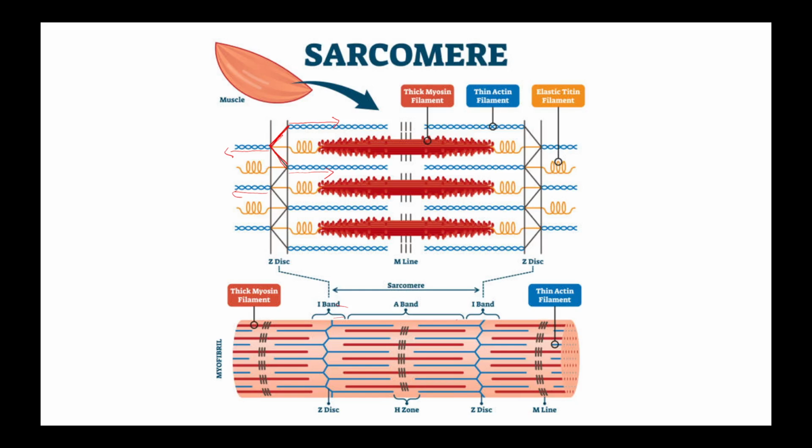So this is a thin actin filament, and then we have this thick myosin filament. These myosins are not only one individual filament. There are 200 to 400 individual myosin filaments, and these are stacked together on each other.